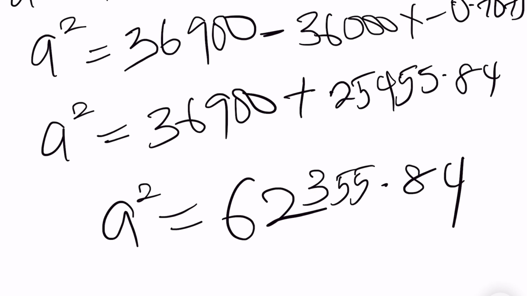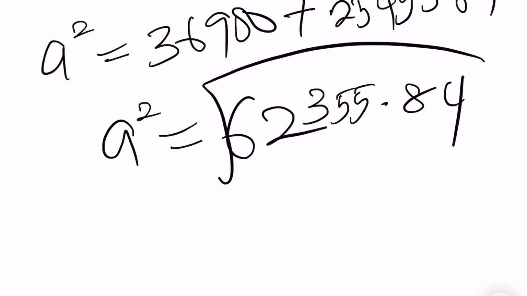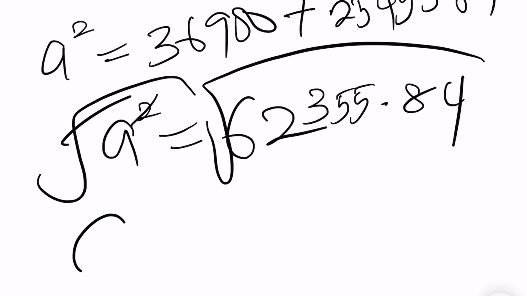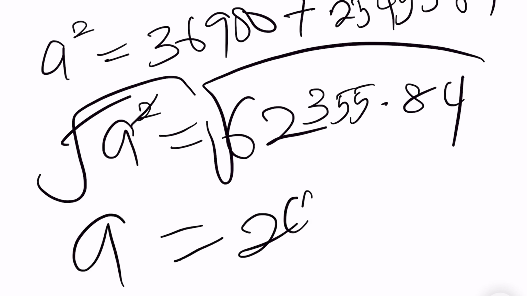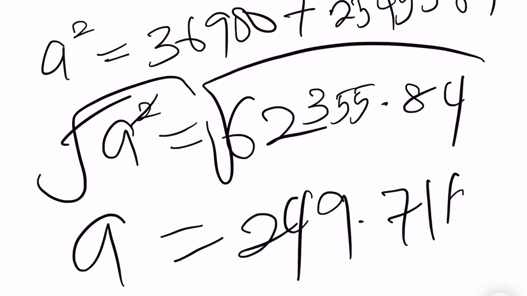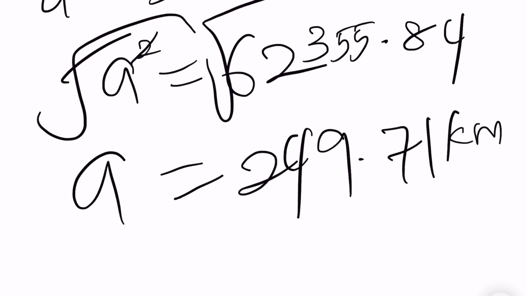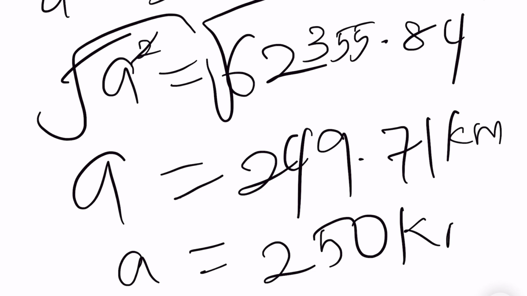So we find the square root. We have our a to be 249.71 kilometers. So when we round it up, we have our a to be 250 kilometers.